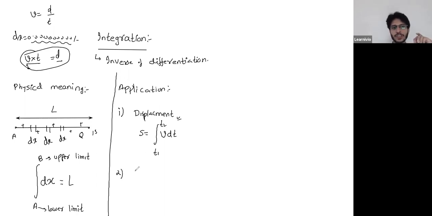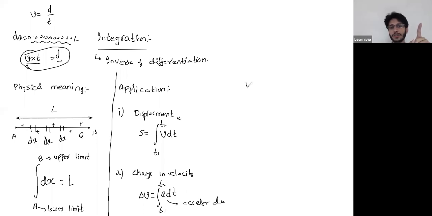The second application is change in velocity. Change in velocity is the integral of acceleration with respect to time, integrating acceleration from T1 to T2. Yesterday we did just the reverse.